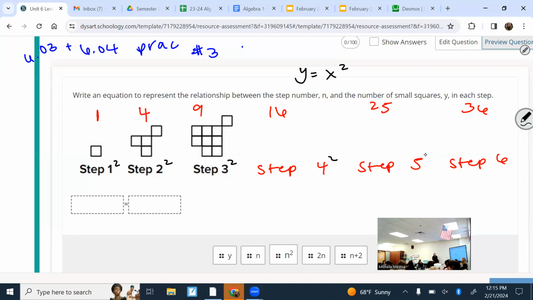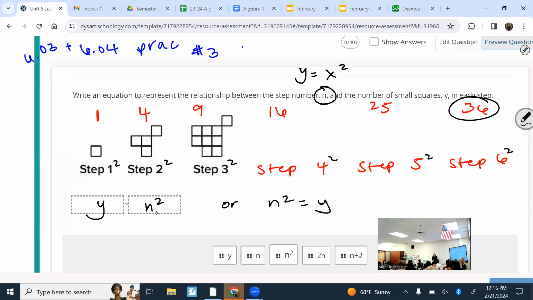So in that case, the only thing that's changing each time is the step number, which they want you to use the letter n. So it'll be n squared equal to the number of small squares, so it equals y. You could write it like this, or you could reverse it and it's still true.